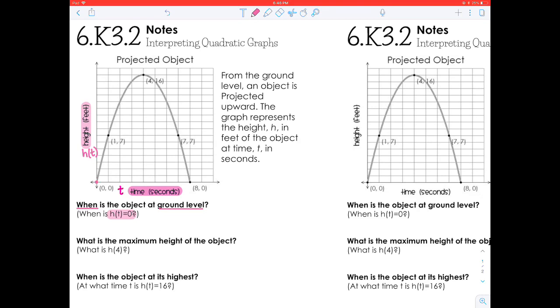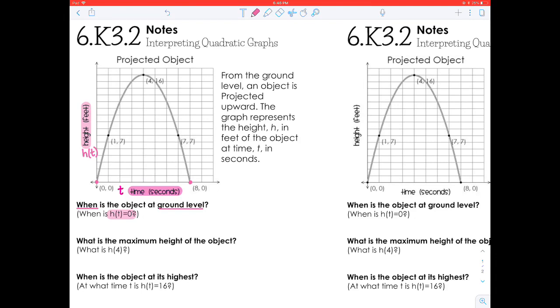A height of 0 is here. And then we need to look, does this happen anywhere else? Remember the symmetrical shape of a quadratic function. If you go along your x-axis here and look, it's also going to be at ground level when the object lands over here.